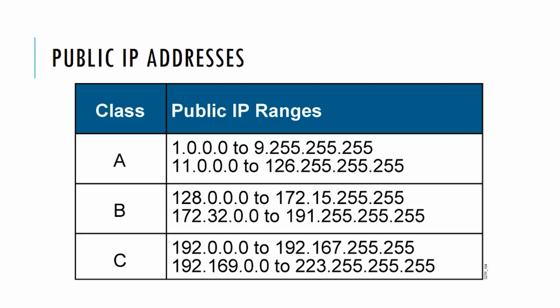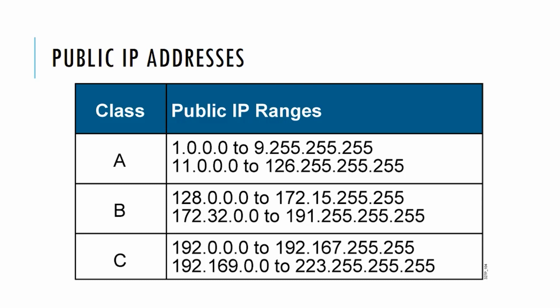Then we skip the number 10 and move to the number 11 to the number 126. Note here that from class A to class B we have skipped the number 127, and class B ranges from 128 to 172, and the range inside 172 also has some numbers skipped. You cannot see 172.16, for example.